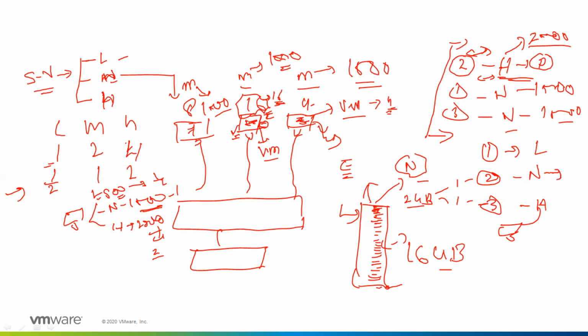Second priority will be given to the second VM, and third priority to the first VM, on the basis of memory allocated. Got it? The same thing will happen in case of CPU resources and storage share resources as well.